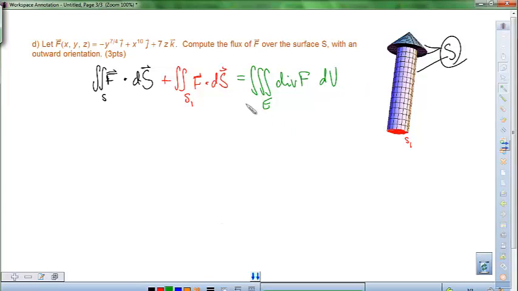So it looks like we're going to be interested in finding these two integrals to be able to solve for this. This integral minus this integral is going to equal our original integral that we were looking for.